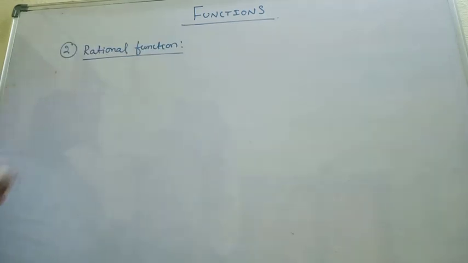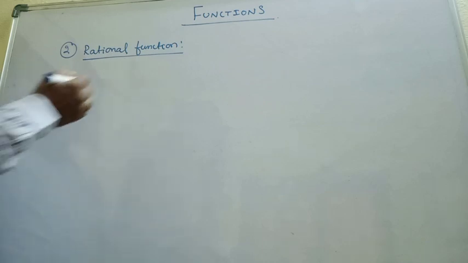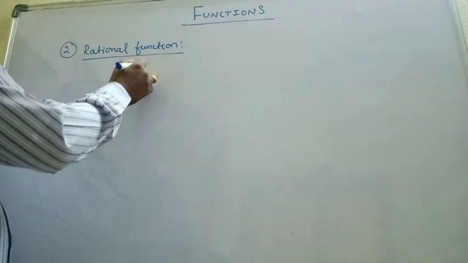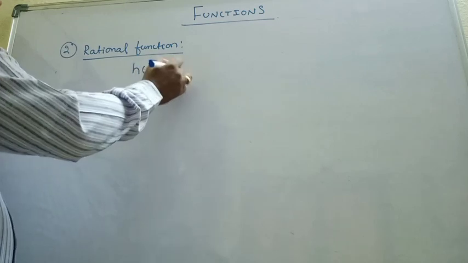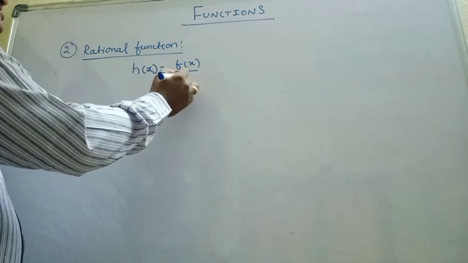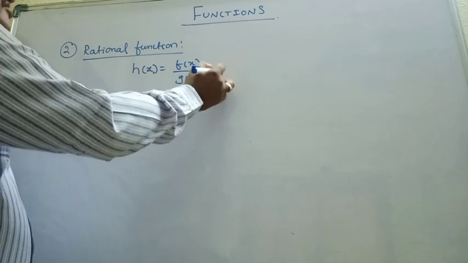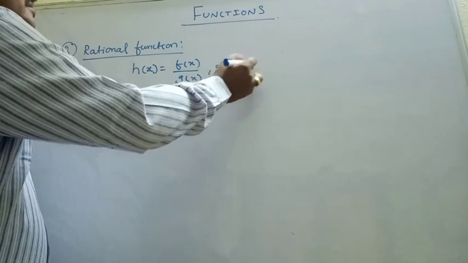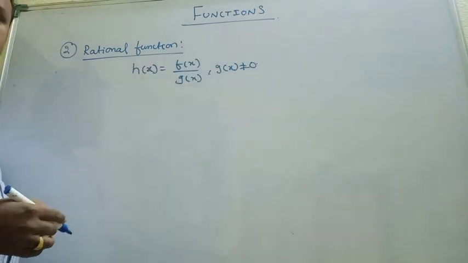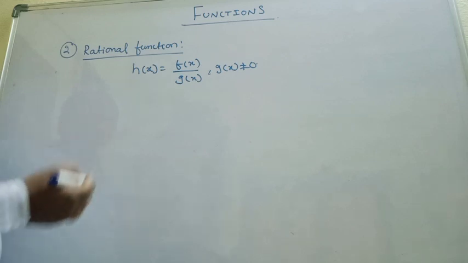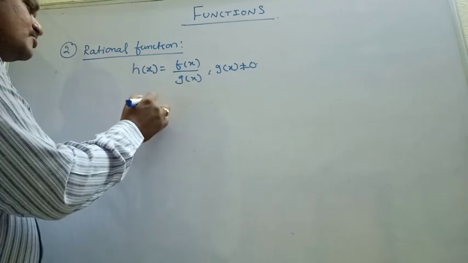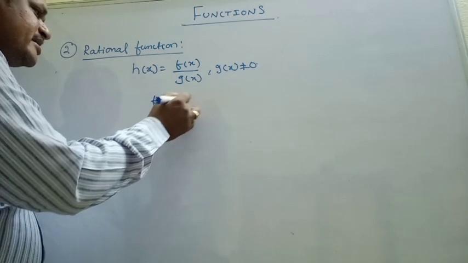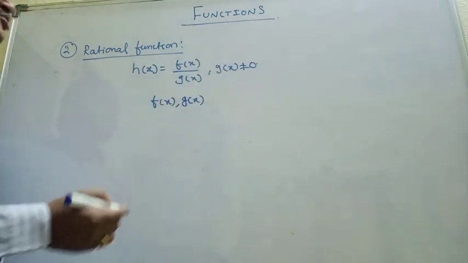Next we have a rational function. Let us denote it as h of x is equal to f of x by g of x, such that g of x is not equal to 0, where both f of x, the numerator, and g of x, the denominator, are polynomials.